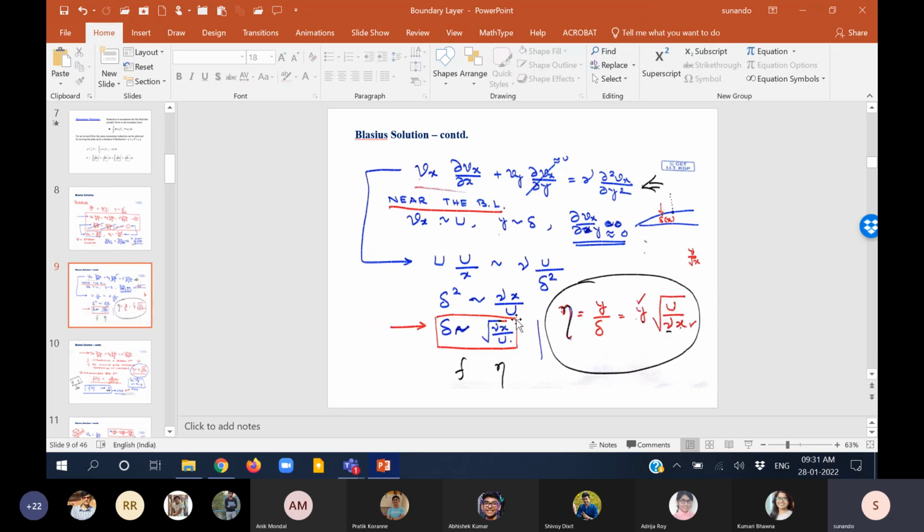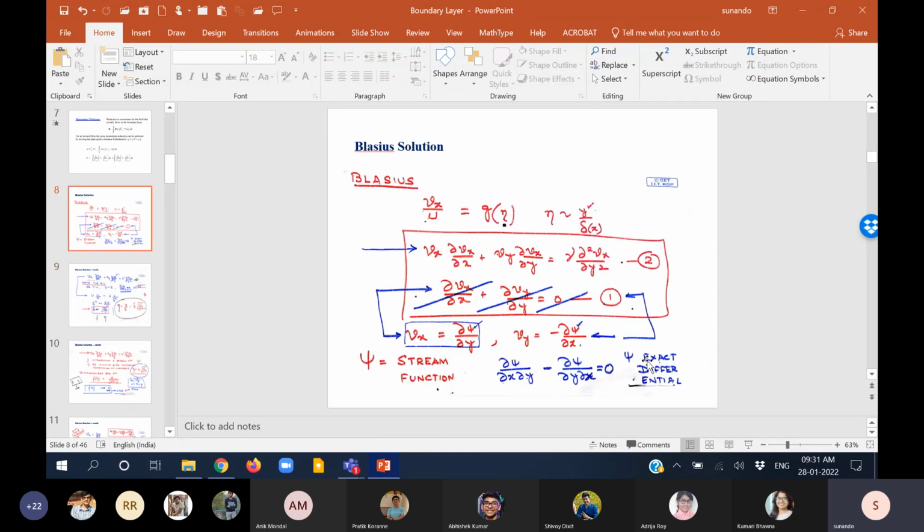So how is it done? If these are of the same order, then delta will be of the order of the square root of nu x by u, where u is the free stream velocity. Now, if we go back to the previous one, we are defining a combination variable. One way to solve a PDE is to define a combination variable, and the combination variable here is eta, which explicitly contains y and implicitly contains x through delta.